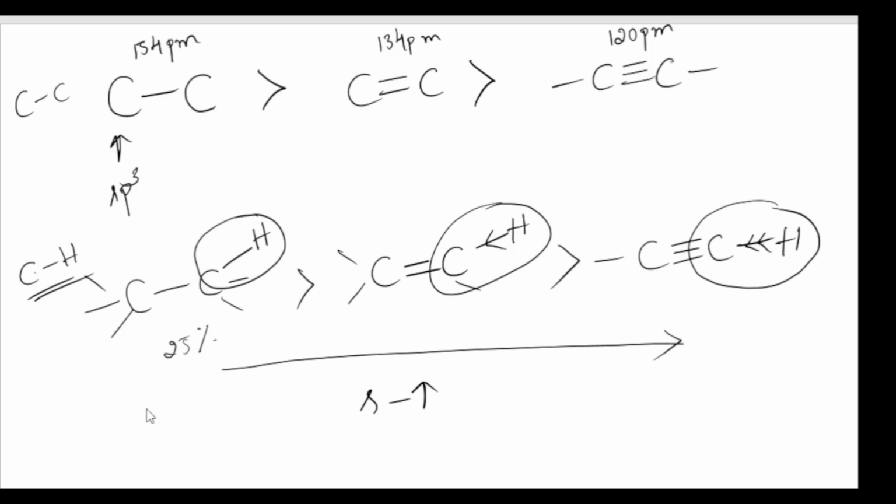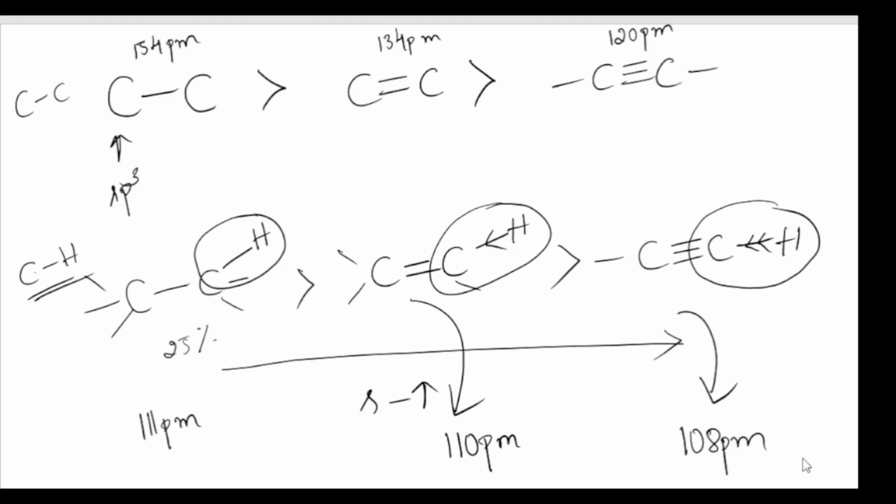If we want to give the numerical value, it is 101 picometer for this one, and 110 for this one. A minute, it is 108 picometer, but whatever the order is, we have to remember it. Now we'll move on to the next thing, that is bond strength.